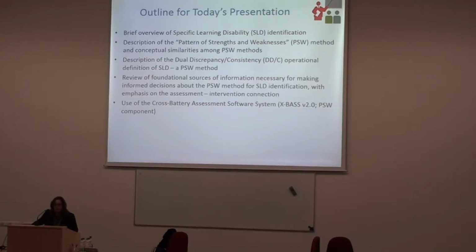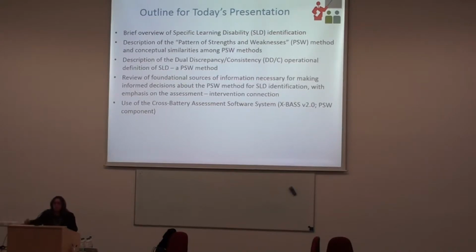We have a software program called Cross-Battery Assessment Software System, or XBAS, and because of the nature of the analyses that we do with our test data, we use regression analysis and other types of analyses when we look at the pattern of strengths and weaknesses. So you need software to do that because the analysis of the data is too sophisticated to be done by hand.